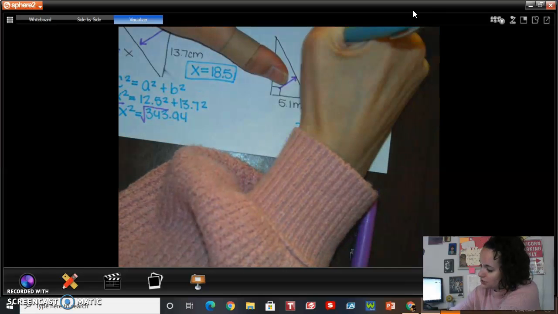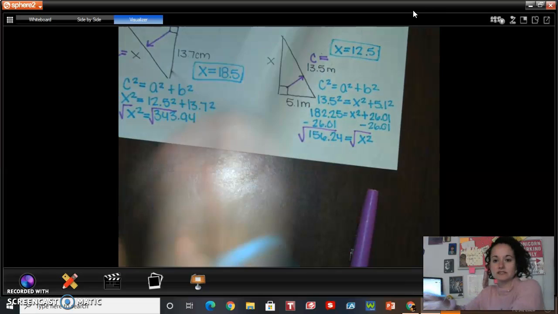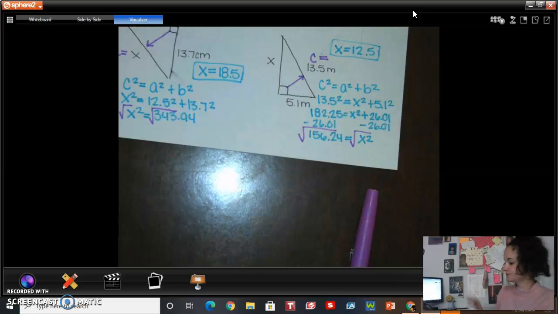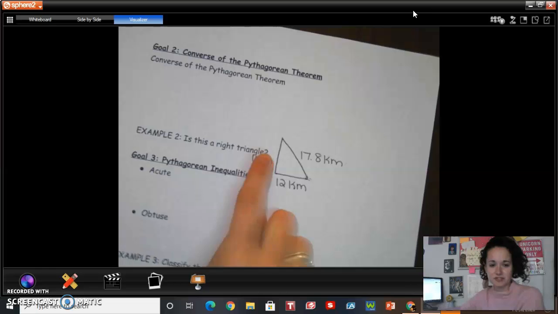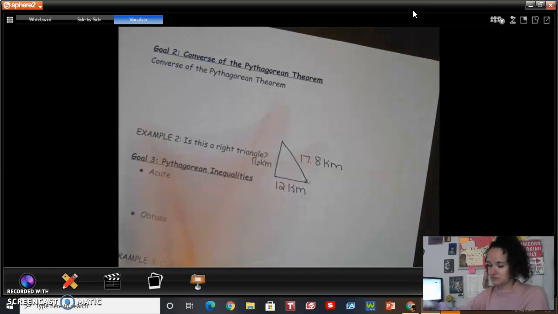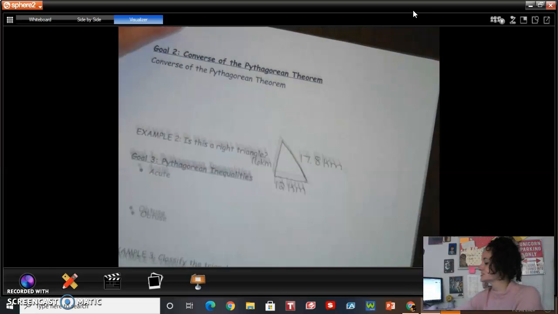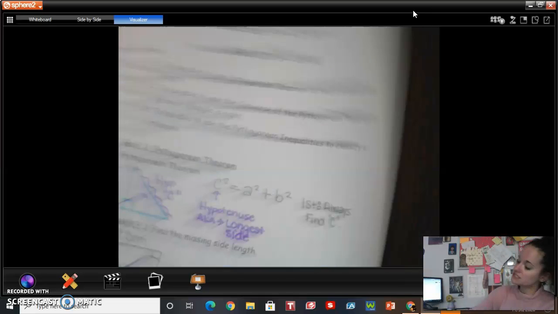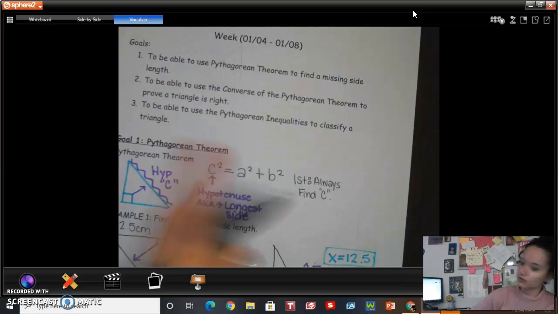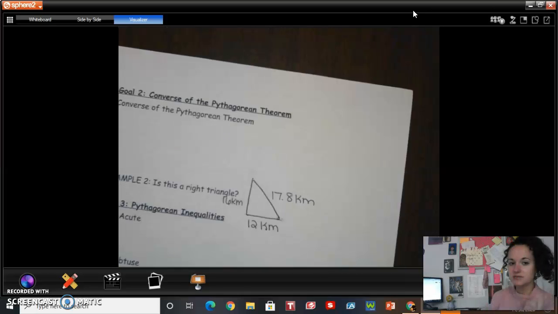Okay, again, you have 10 problems like this on your Google form. Now, rule number 2. And my notes messed up for some odd reason, but there's plenty of room for us to solve it. Now, converse of the Pythagorean theorem. This says if we have a right triangle, then this. This is saying the same thing but backwards.